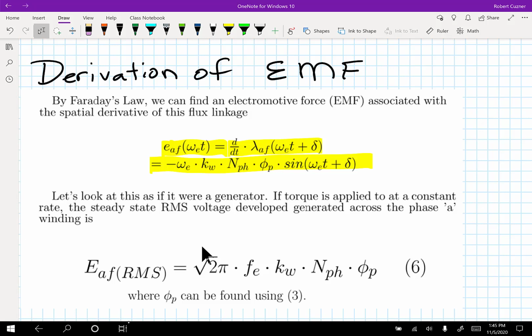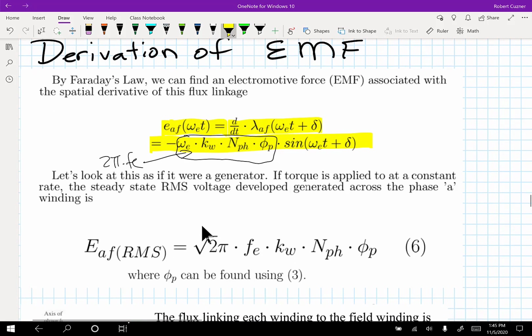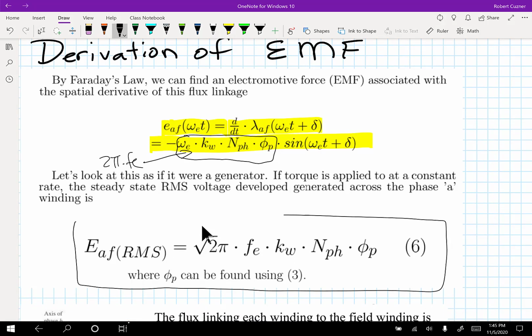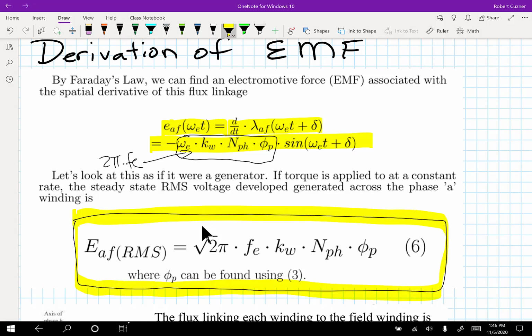We simply take the peak value here, we substituted in here 2 pi Fe, and now we have this expression, and this is the most important expression of this lecture, the EMF expression, which I'm going to put a box around and highlight.